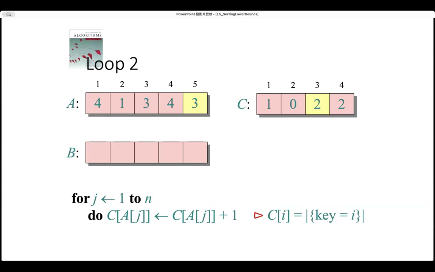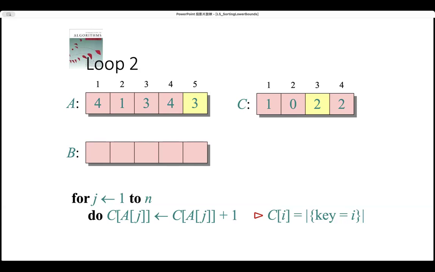Is that right? We have 1 for 1, 0 for 2, 2 for 3, and 2 for 4. Is that right? Then it's the third loop and the fourth loop.